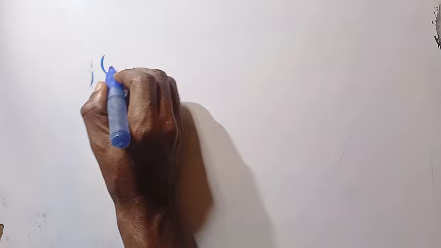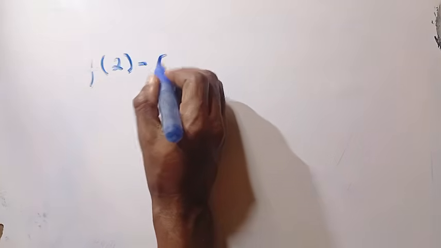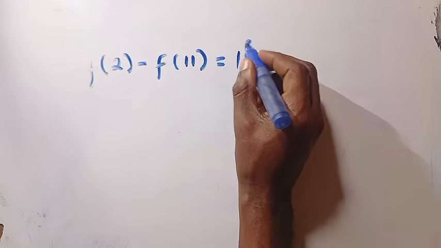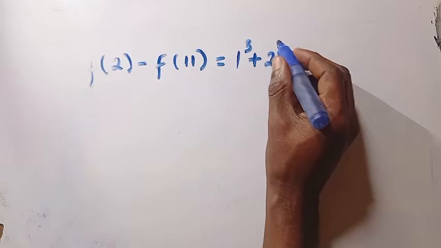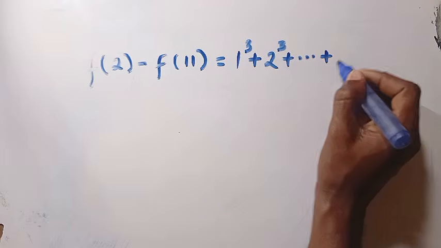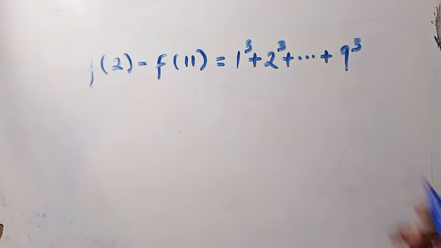So from the above, we've gotten f(2) and f(11). We are going to have f(2) minus f(11) equals the sum of 1 cubed plus 2 cubed plus dot dot dot plus 9 raised to the power of 3.